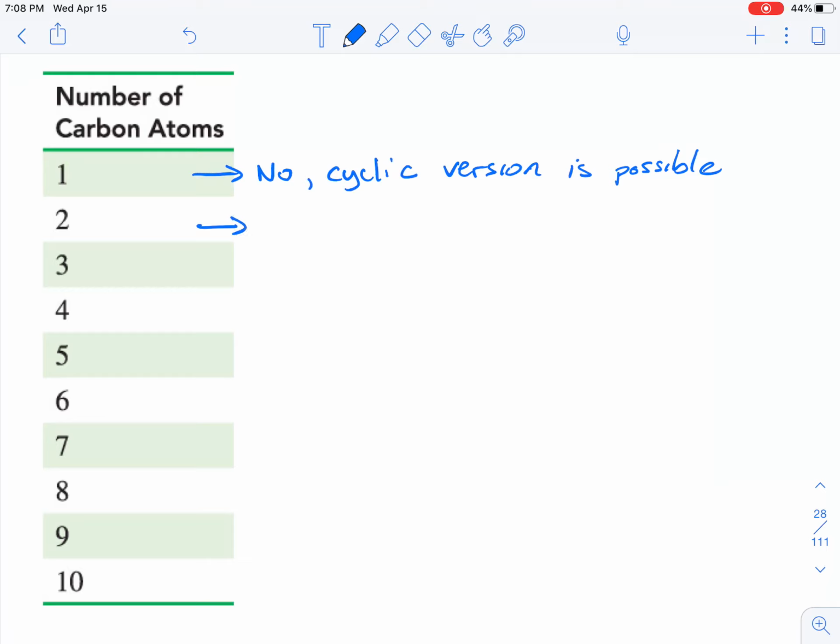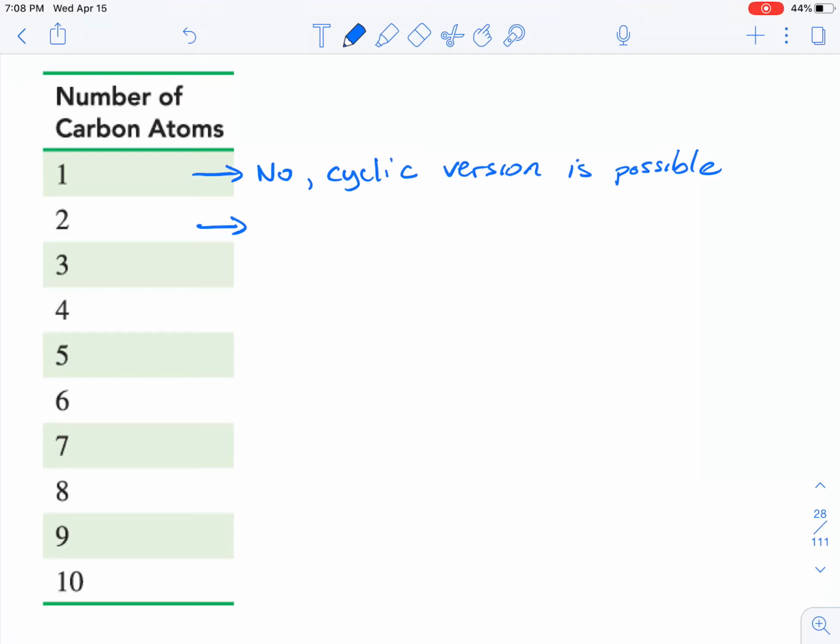Let's think about 2 carbons. If a compound has 2 carbons, could you ever put them in a specific orientation such that they will form a ring?